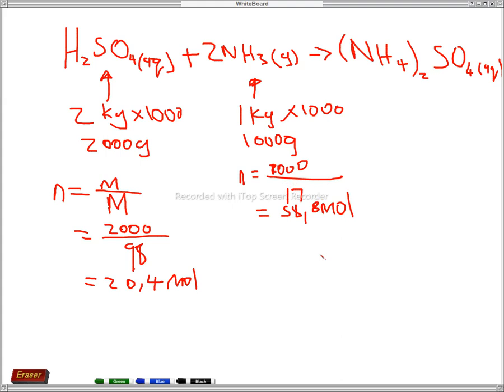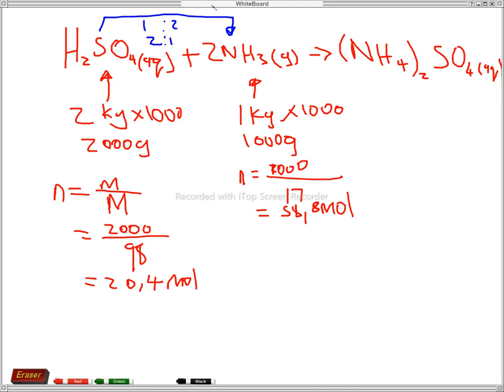What we are going to do now is the ratios. Let me just use a different marker. I will do a ratio between this and this. The ratio between these is going to be 1:2, or you can say 2:1, either way.